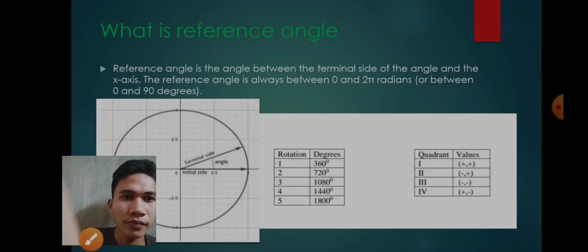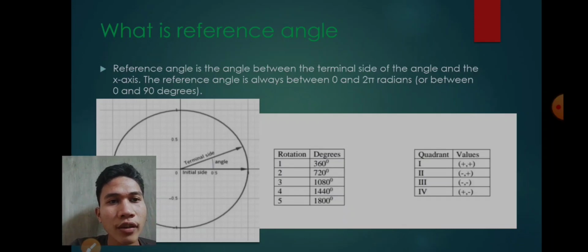So in one rotation, the full rotation is 360 degrees, and the second rotation is 720 degrees. The third rotation is 1080 degrees, and the fourth rotation is 1440 degrees, and the fifth rotation is 1800 degrees.